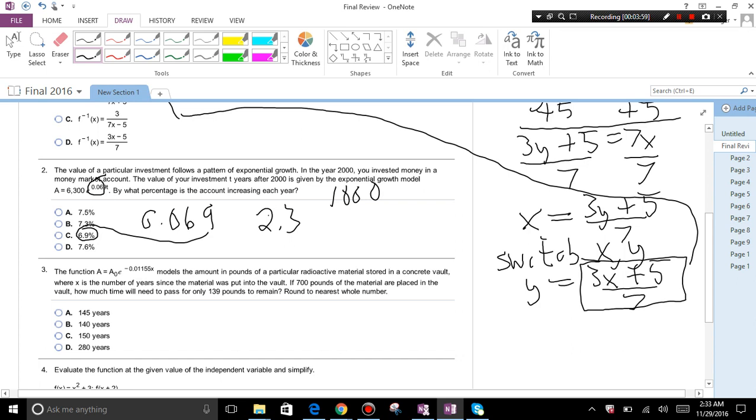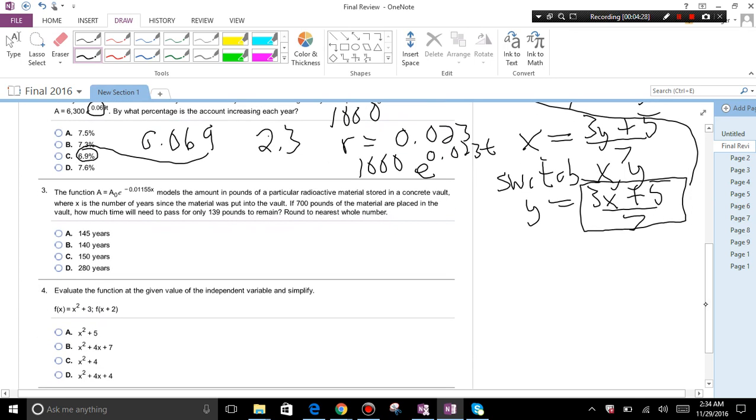And so the answer to this one would be, well, the interest rate would be 0.023. And so the answer would be 1,000 e to the 0.023t, right? So the interest rate just goes in the exponential power, and then you put a t right next to it. That's something to keep note of.